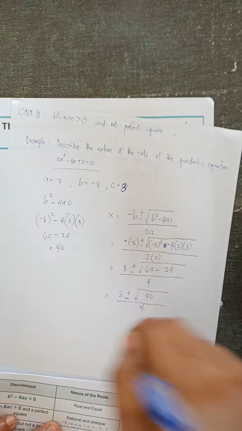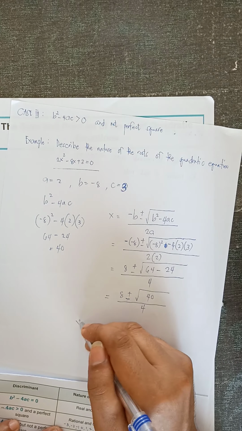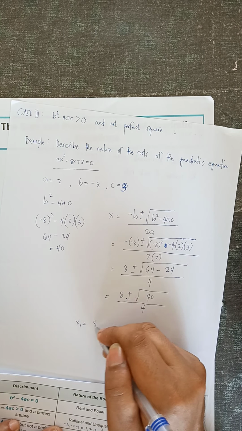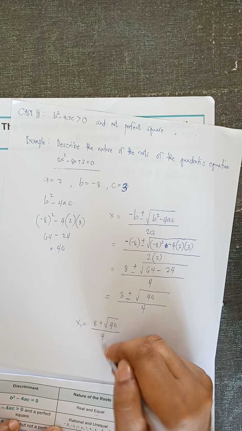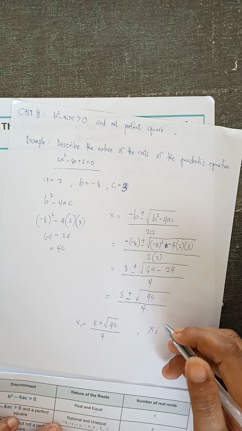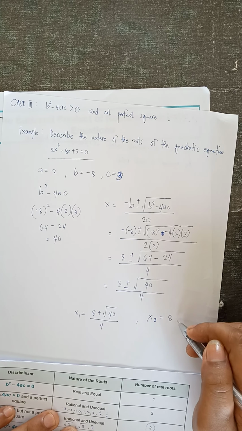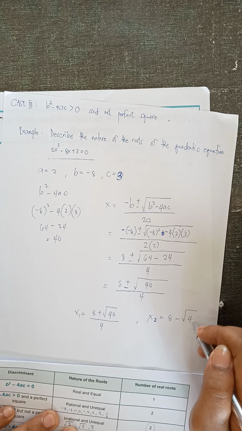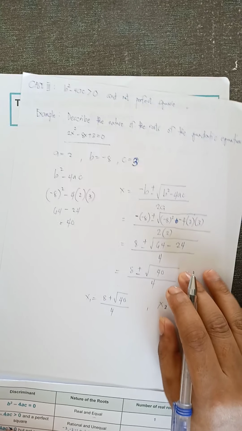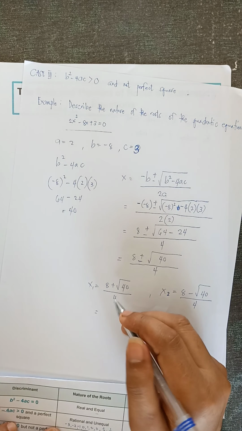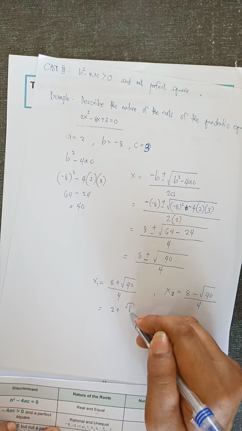So we can split this one, so duha ka roots niya. x1 is equal to 8 plus square root of 40 over 4, and the other root, or what we call the x sub 2, is 8 minus square root of 40 over 4.